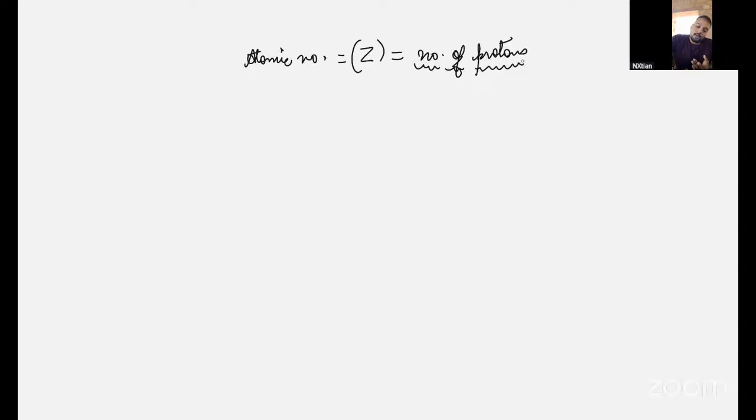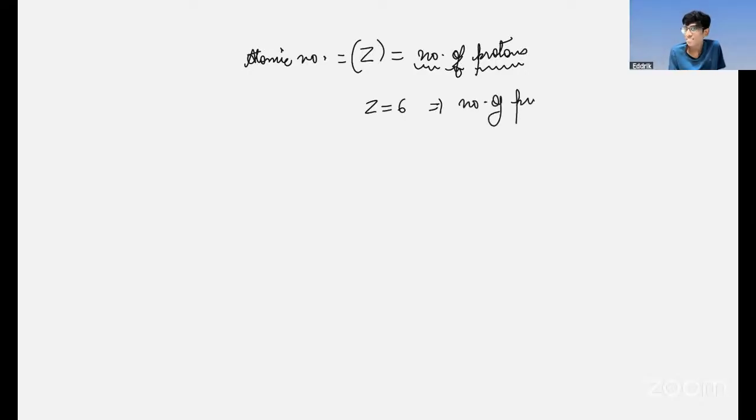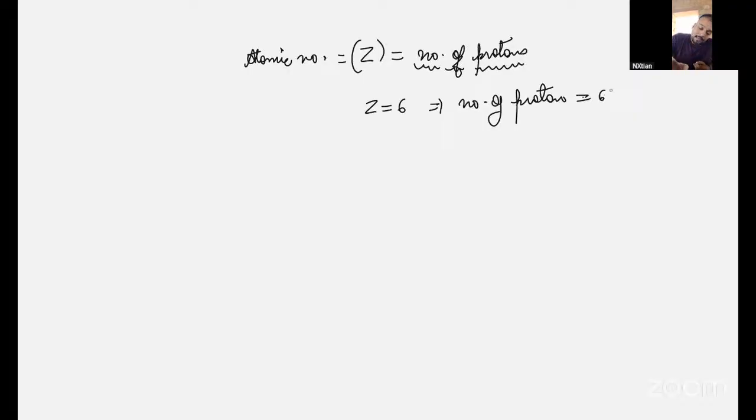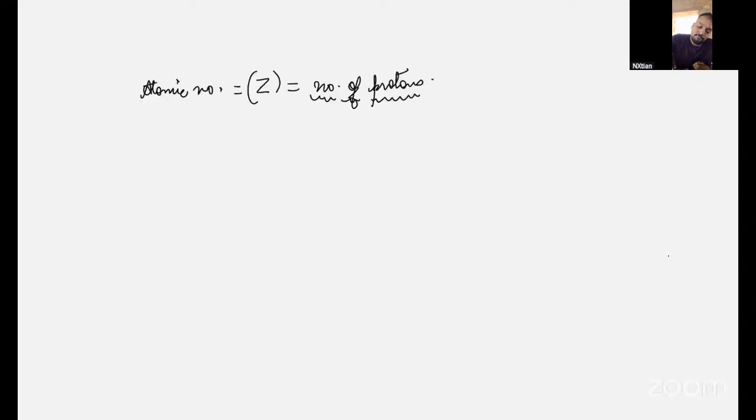For example, if Z is 6, it means that the number of protons is also 6. And this atomic number Z is also equal to the number of electrons, but with a star mark.